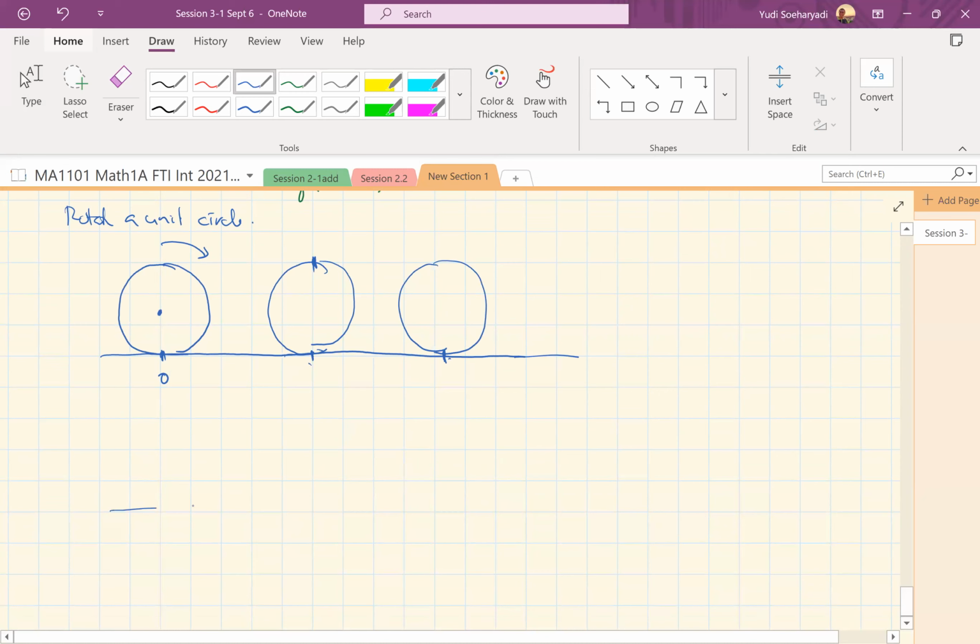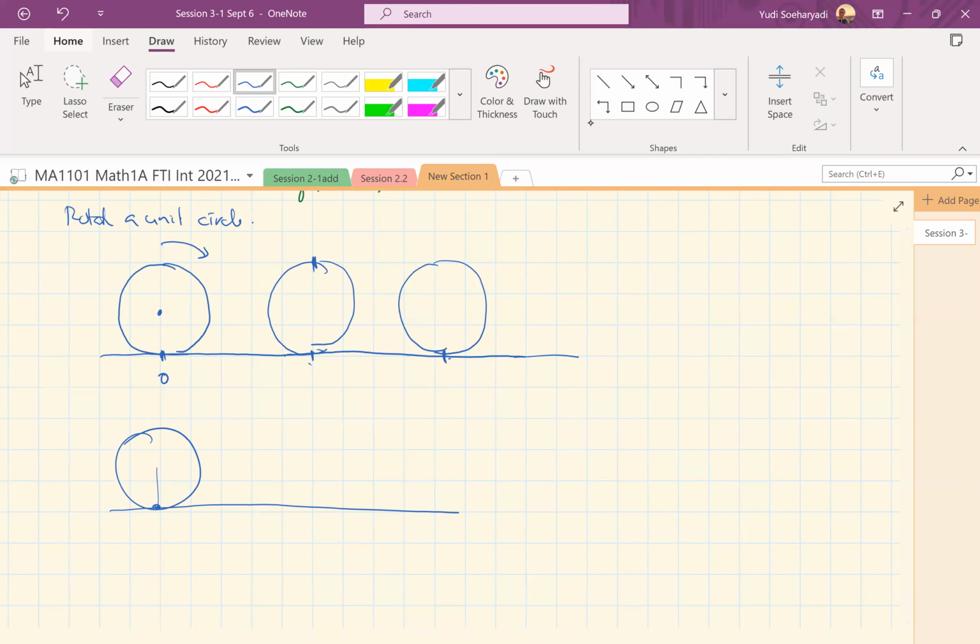And when you rotate the circle like this, it becomes here. You rotate, and this is an angle alpha. So this is what we need to find.